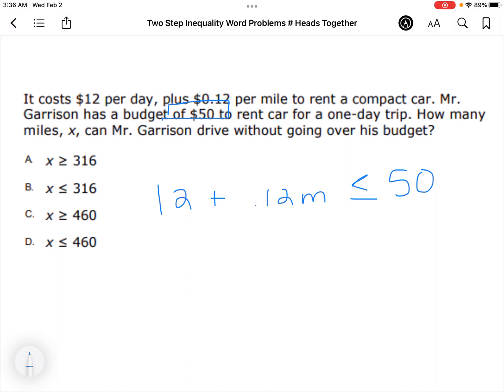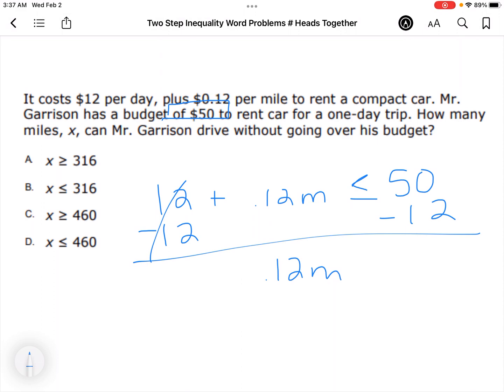How many miles can Mr. Garrison drive without going over his budget? So without going over, so that's why it's less than or equal to. So I'm going to subtract my 12, and I get 0.12m is less than or equal to 38.